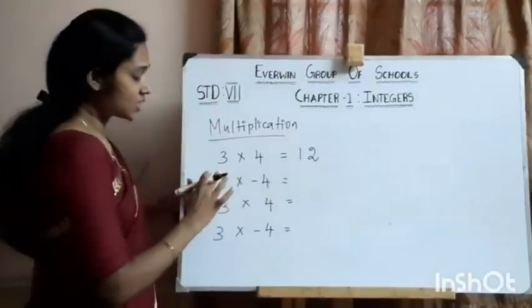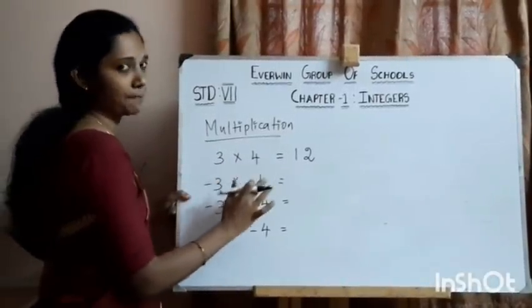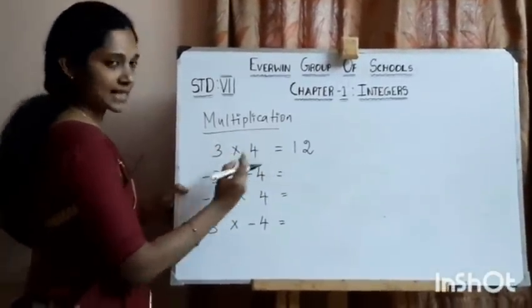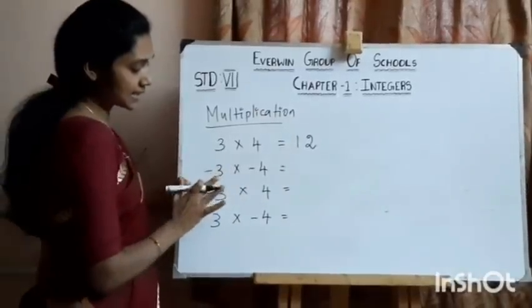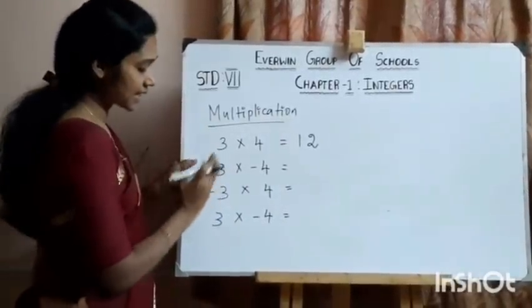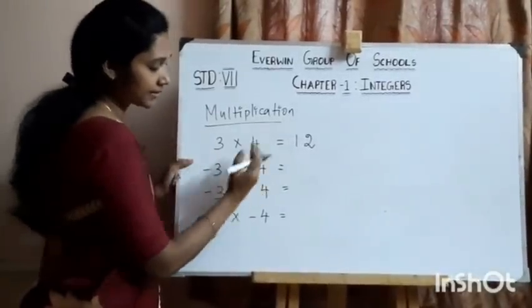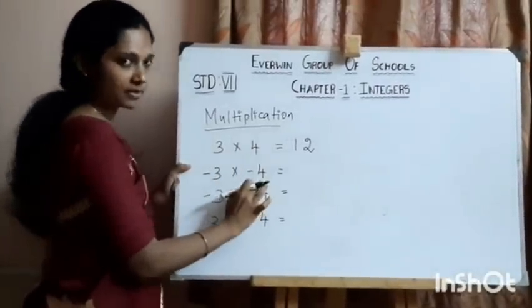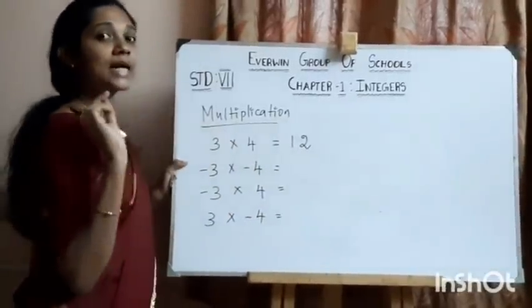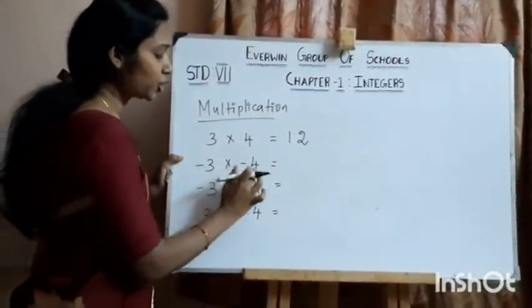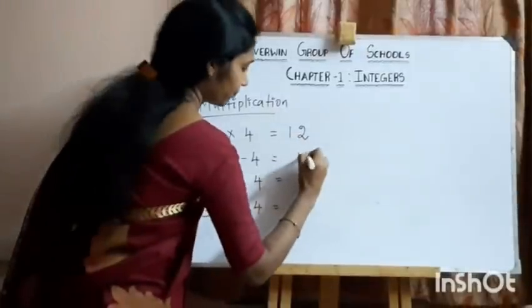In this case, just consider the numbers. That is, you forget the signs. Just consider this integer as a whole number. In this case, forget minus. So here 3 will be there, and here, forgetting minus, 4 will be there. So just multiply the numbers alone. 3 into 4 is 12.